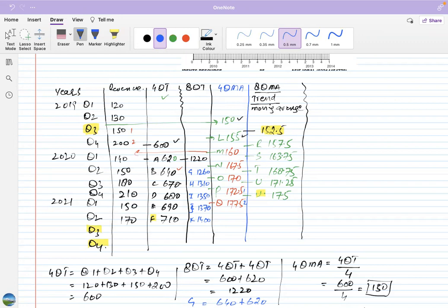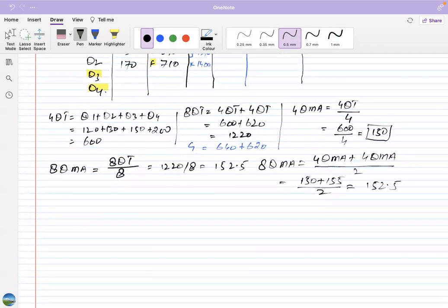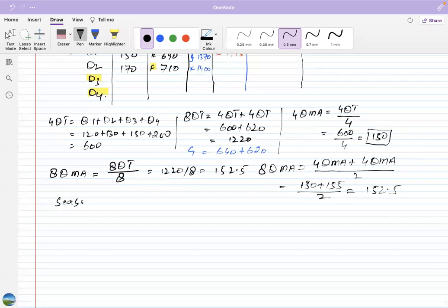The next column that might be required from us is the seasonal variation. The formula for the seasonal variation is simple. Seasonal variation is calculated by the formula: sale revenue, or actual sales, minus trend.